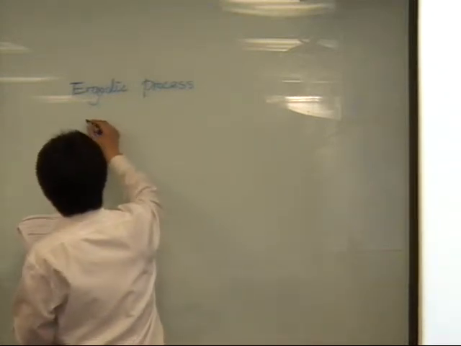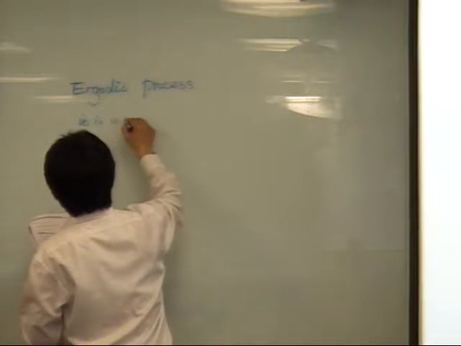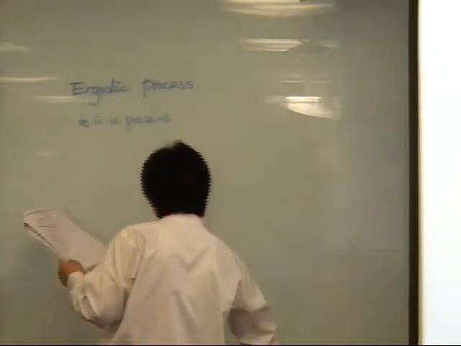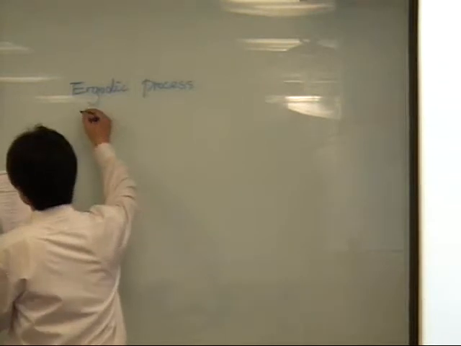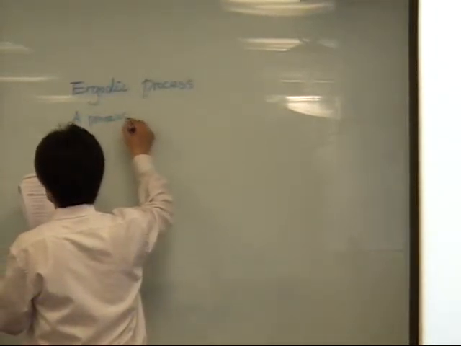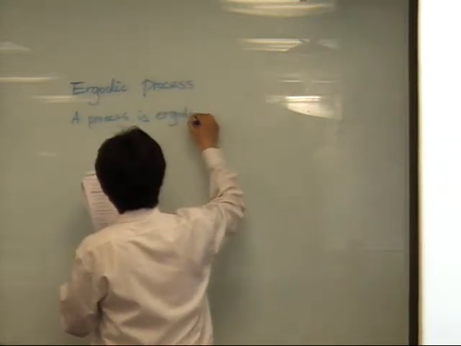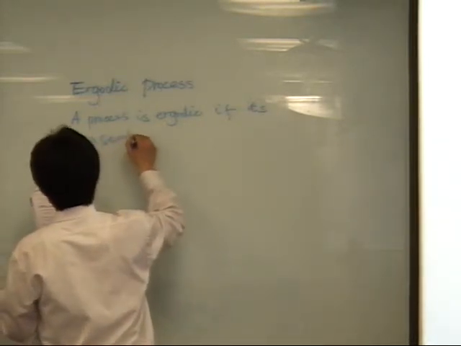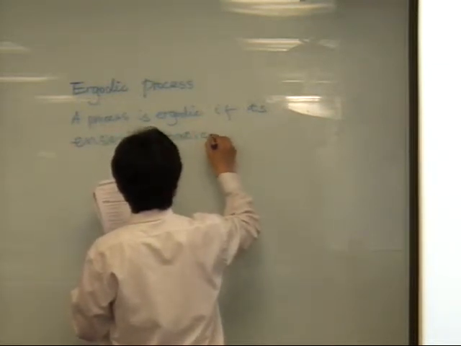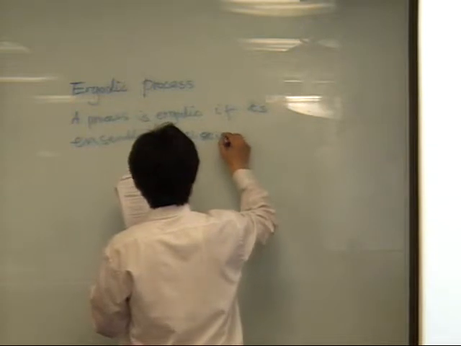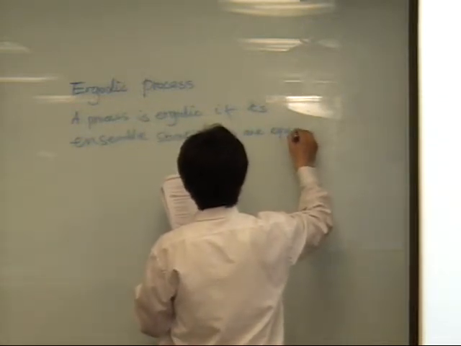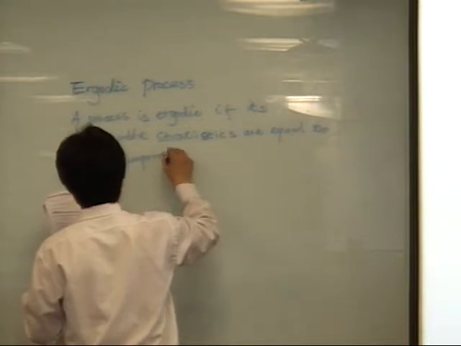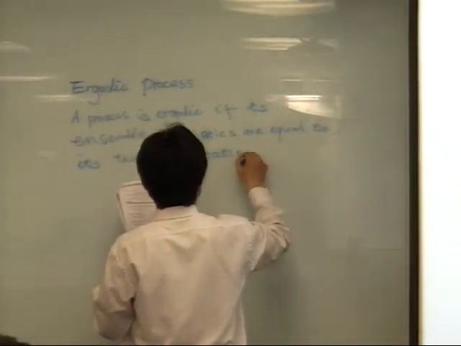This means a process is ergodic if its ensemble statistics are equal to its temporal statistics.